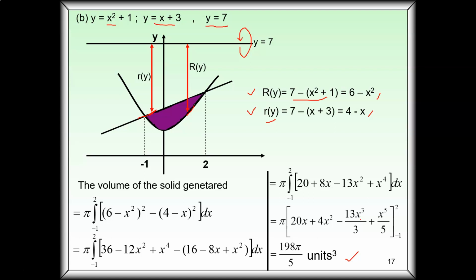The first is when you revolve the solid about the x-axis. The second is when you revolve about the y-axis, and the third case is when you revolve about a straight line, for example this one. This is the straight line, y equal to 7.